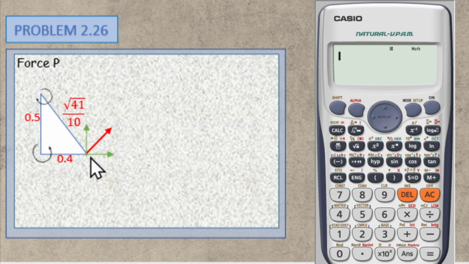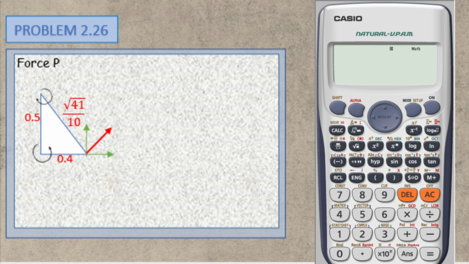And our moment at B equals 0. Since our moment at B is equal to 0, our force P is passing through our point B. Therefore we are going to create our components here at point B, and we can now solve our force P.